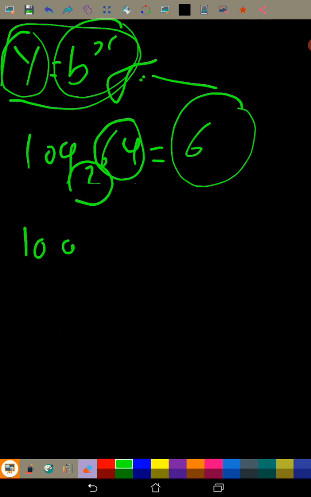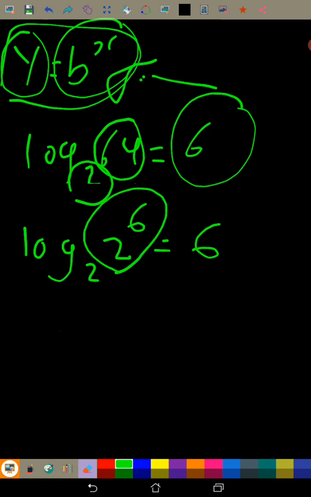So we saw that 2 to the power of 6 is equal to 64.